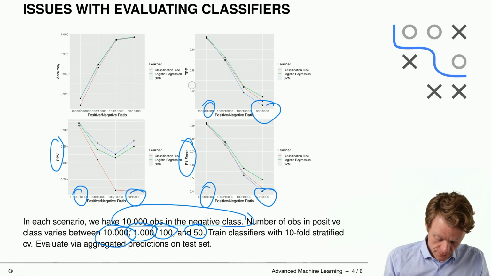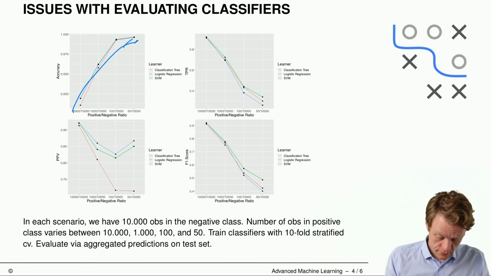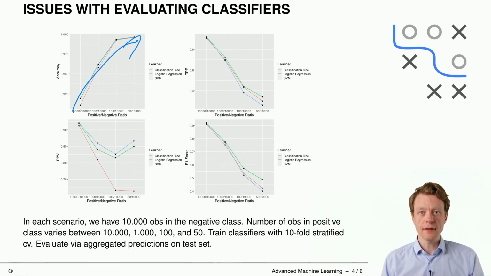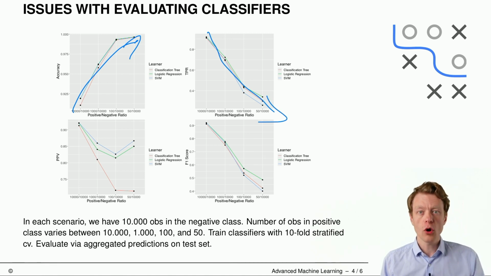And what we see is that the accuracy goes up if the imbalance increases. As we have seen before, if you just always predict the negative class, then this is quite a good classifier in terms of accuracy. But the true positive rate, so the recall on the positive class, the smaller class, goes down. So we find less and less of the positive observations if the imbalance increases.